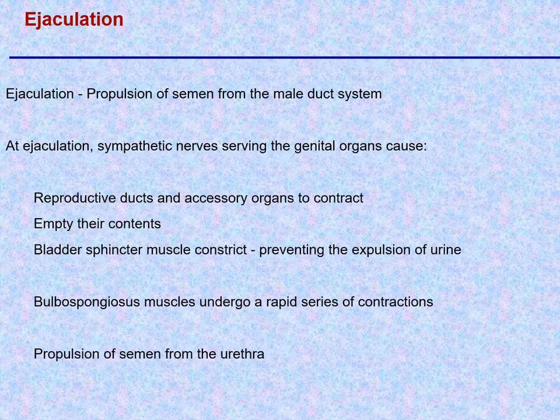As I told you, it's a question of producing the reproductive cells, addition of some accessory organ secretions, and then ejection out due to sympathetic nervous stimulus. The sympathetic nervous system is part of the autonomic nervous system. The reproductive ducts contract, the accessory organs contract, the epididymis contracts, the bulbospongiosus muscle contracts, and they all empty their contents.